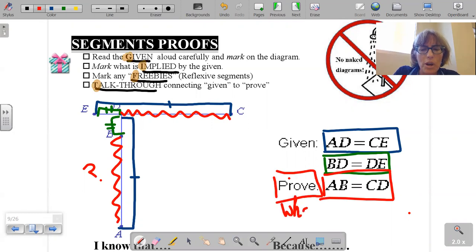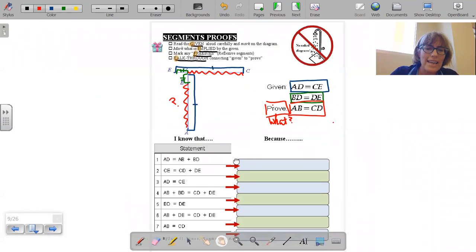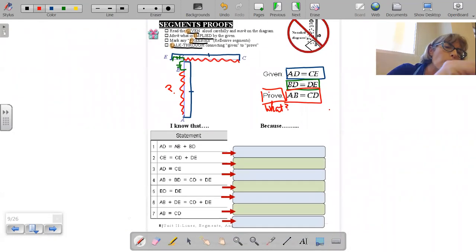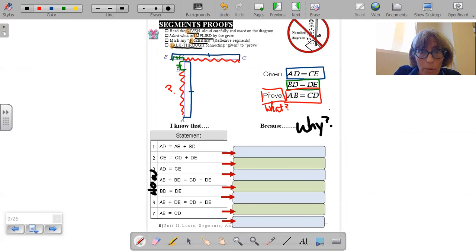The reason why proofs are a little strange is you're given the answer. You're like, well, if you give me the answer, what else is left? What proofs address is how did you get the answer? So just write the word how here. And why is it mathematically logical?